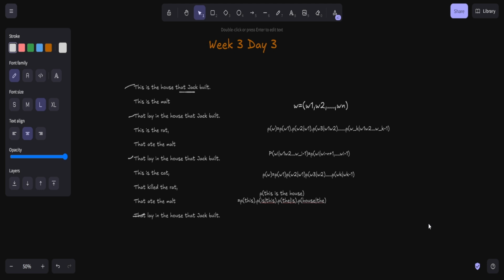Simple. The first one's probability is 1 by 12, the second one's is 1 by 2. You can calculate it, and it becomes 1 by 24. So we can easily find bigram probabilities like this.